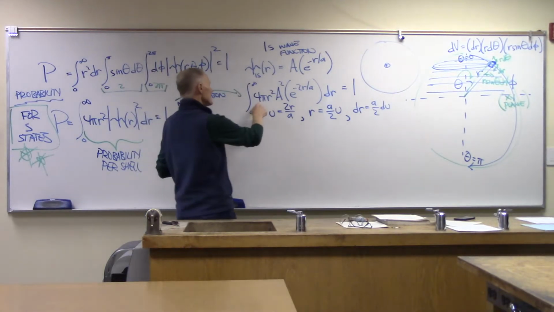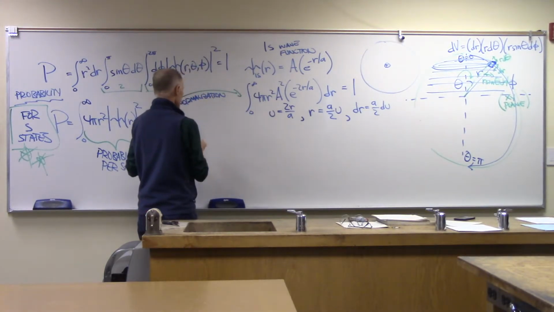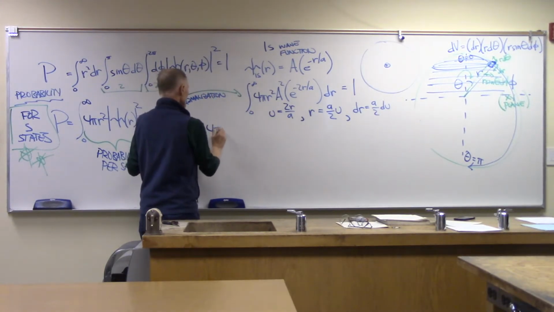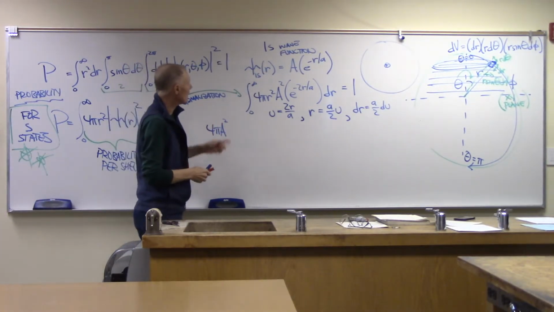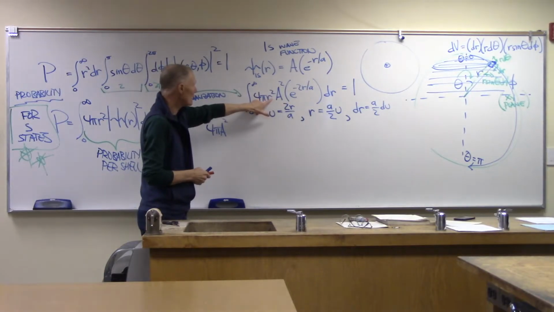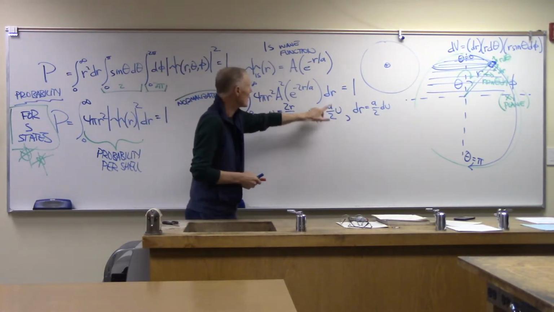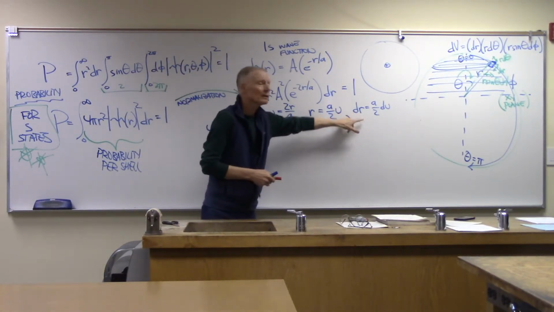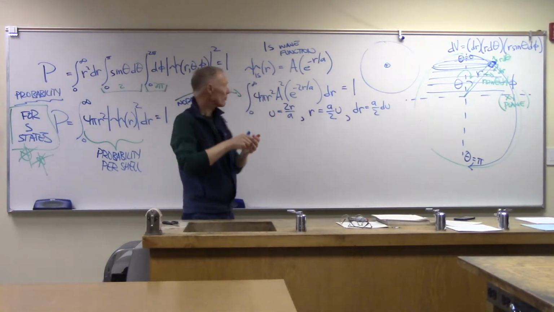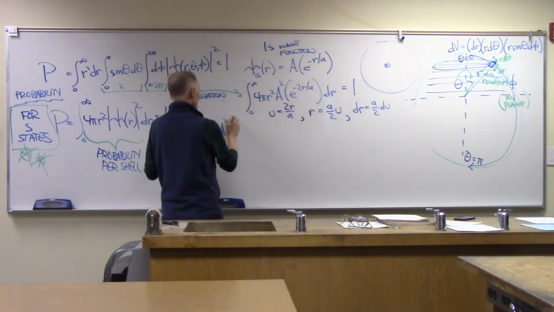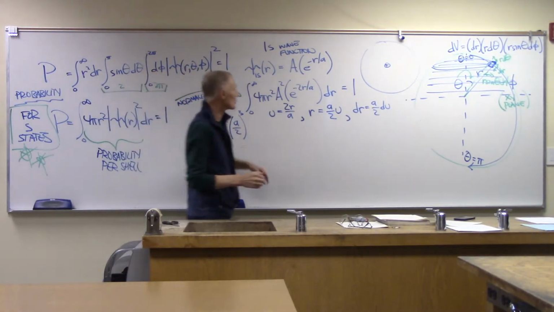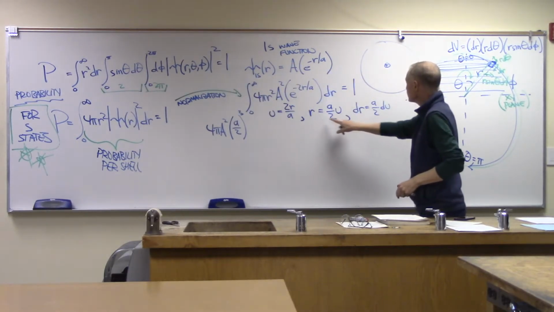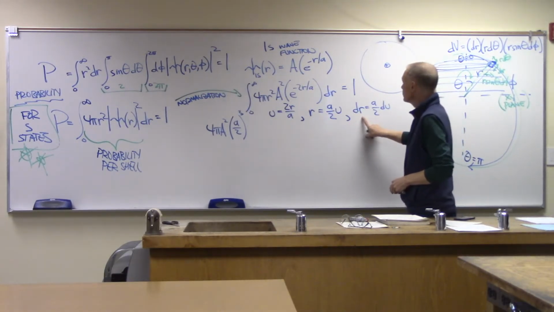I'm going to bring out a factor of 4 pi a squared that we already discussed. And in addition to that, I've got 2 factors of r and 1 factor of dr. Now combined, that's going to give me 3 factors of a over 2. So these a over 2's are coming from this substitution and this substitution.